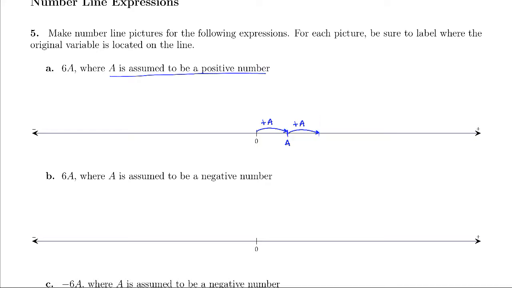One, 2, three, 4, 5, 6. Okay. So then we have 2 A's, 3 copies of A, 4 copies of A, 5 copies of A, and 6 copies of A. All right.